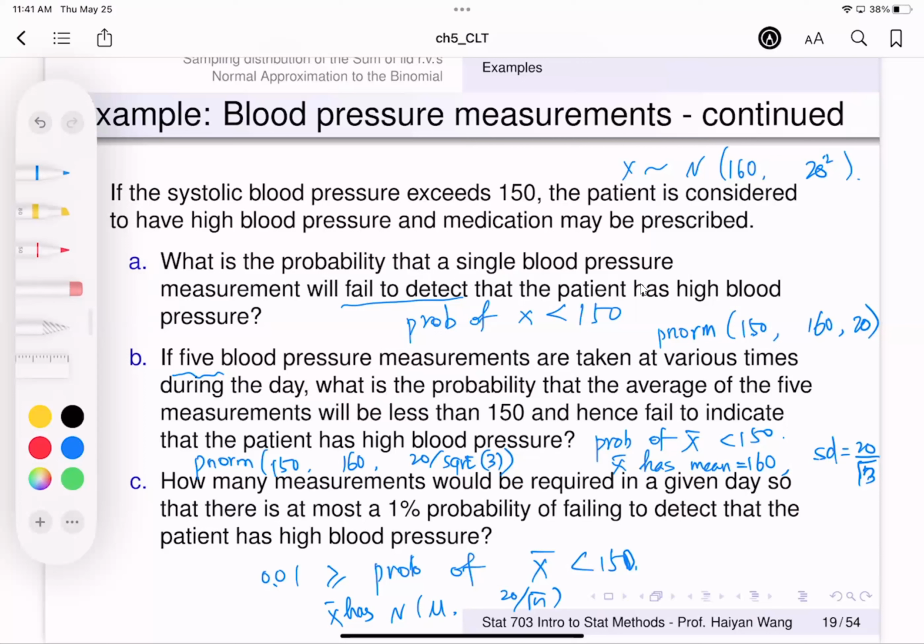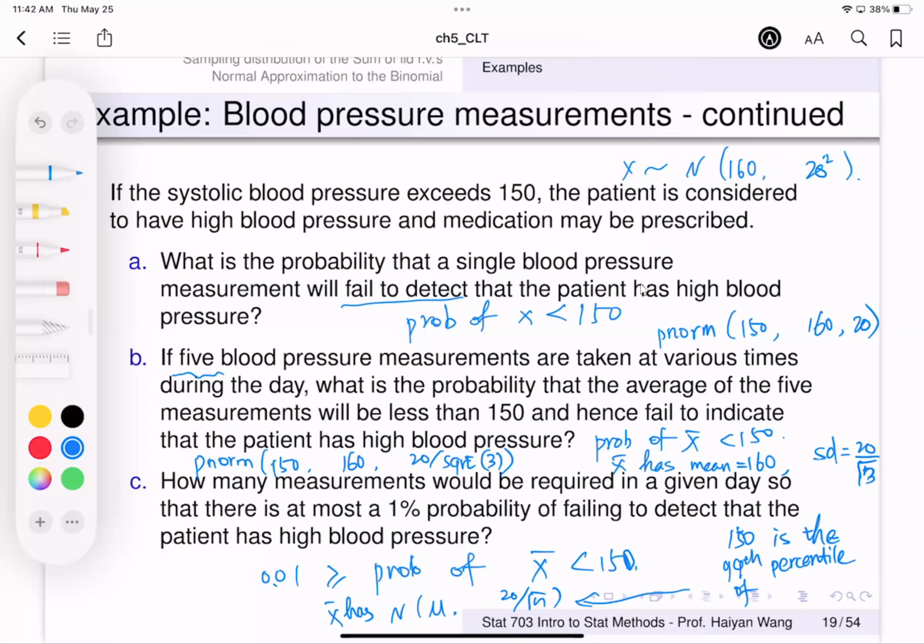Using that distribution of X bar, we know the probability of less than 150 is 0.01. This basically says that 150 is the 99th percentile of this distribution.